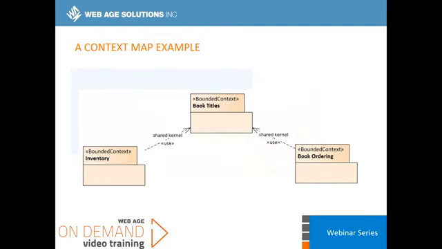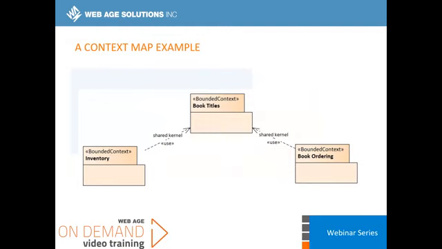So here is a context map example derived from our bookseller application. In our subdomains, we had inventory and book ordering.